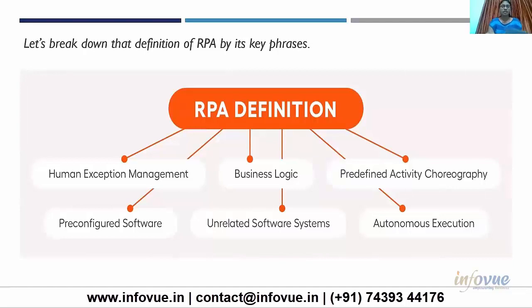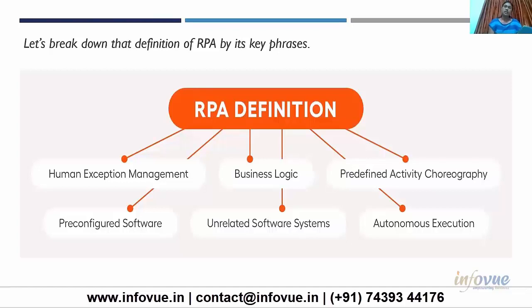Next, autonomous execution. Autonomous execution means completion of tasks is done by software bots independently. Once the rules are predefined, the processes are carried out automatically. One or more unrelated software systems. Robotic process automation tools use front-end applications similar to the way that people do. So they interact with everything a person would, for instance, SAP, Internet Explorer, Outlook, Oracle, etc. Human exception management.